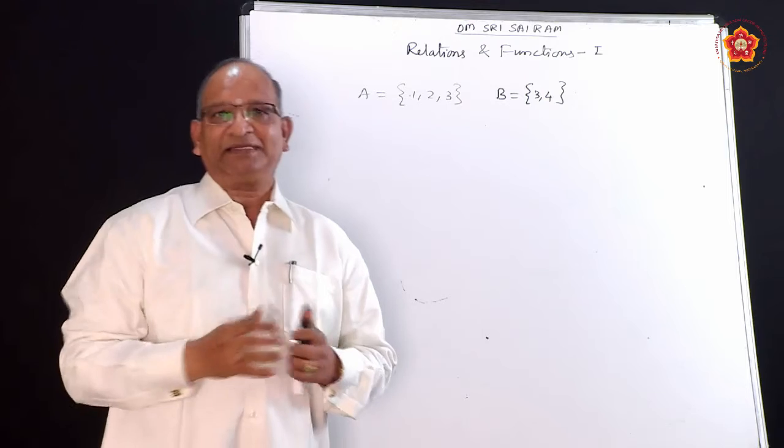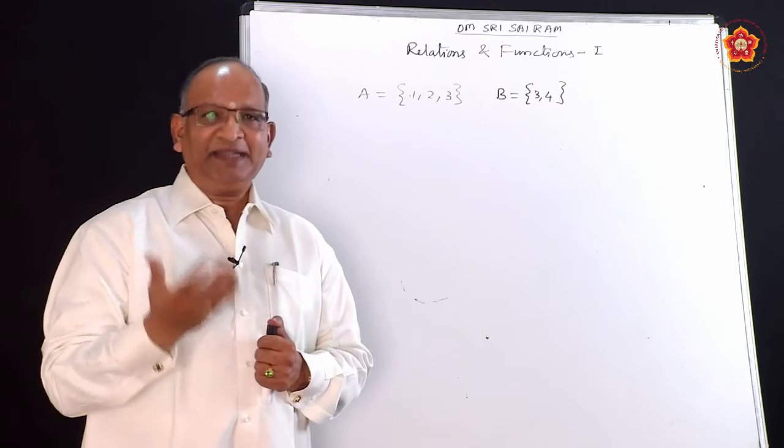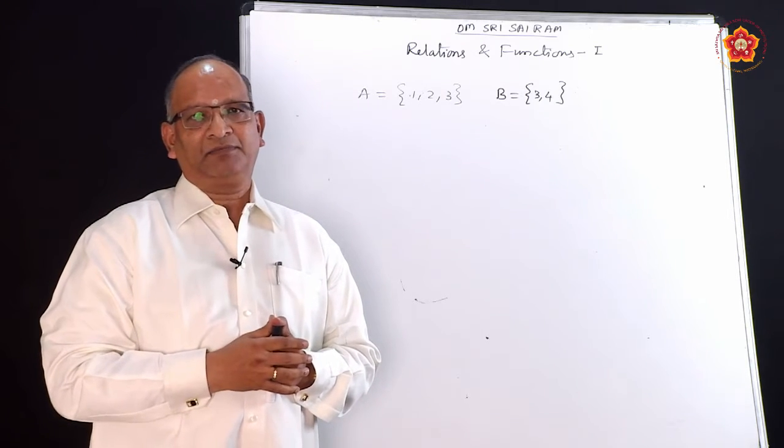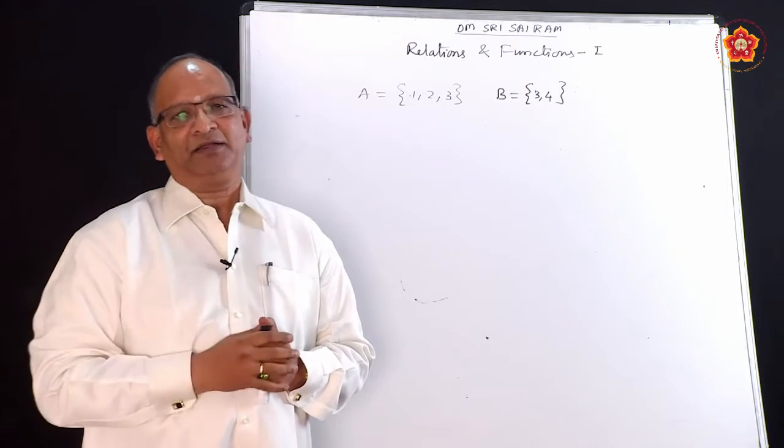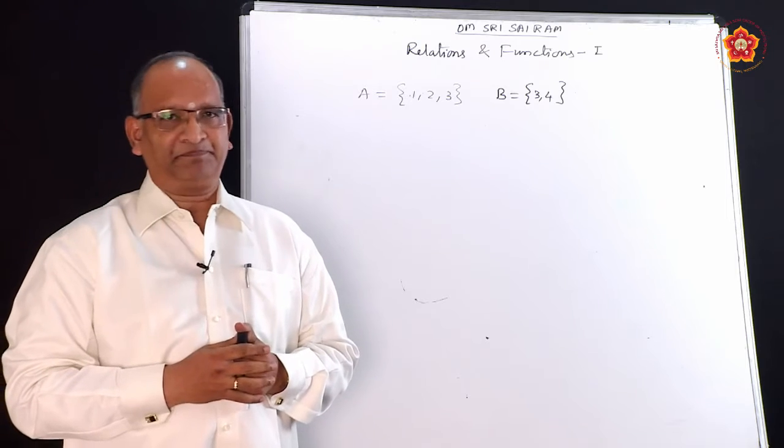This is how we represent a set. This is one type of representation of set which is called roster form, where we write all the elements one after the other by putting commas in between them.